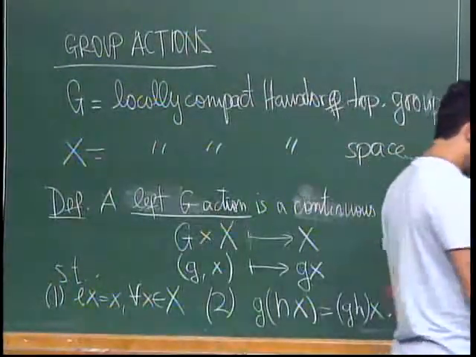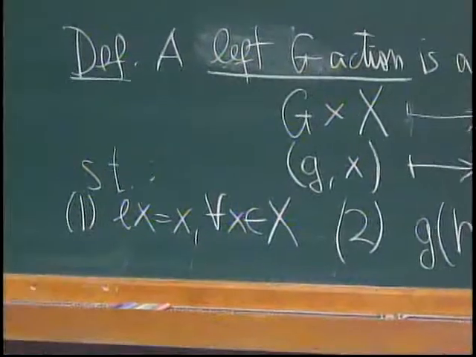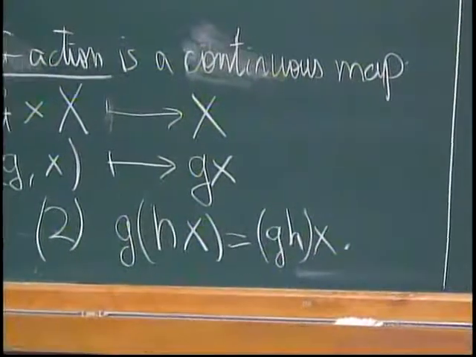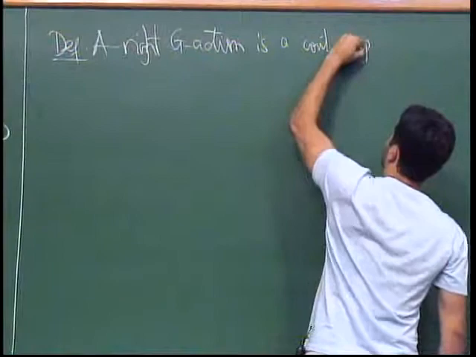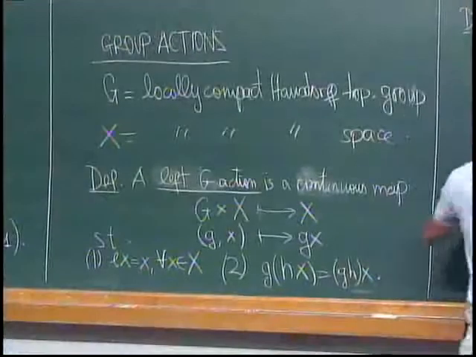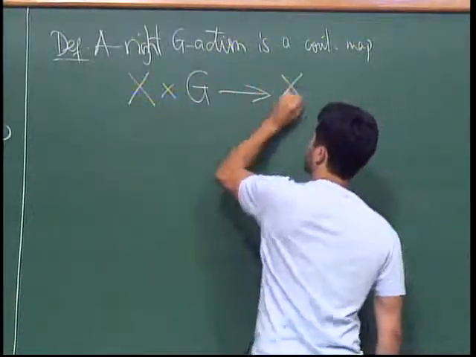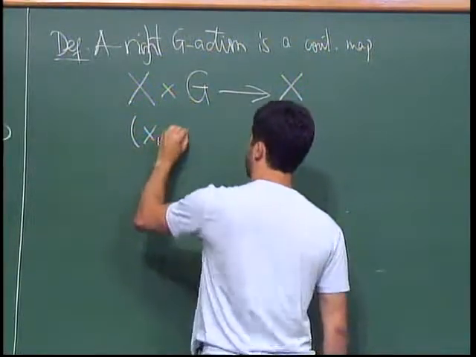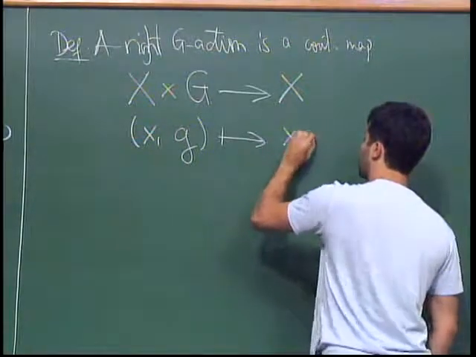We can define also a right G action. And instead of G being on the left, G goes to the right. So it's a continuous map X times G that goes to X, that for every pair of points, one from X and the other from G, I get a new element of X, which I'm going to denote by xg.